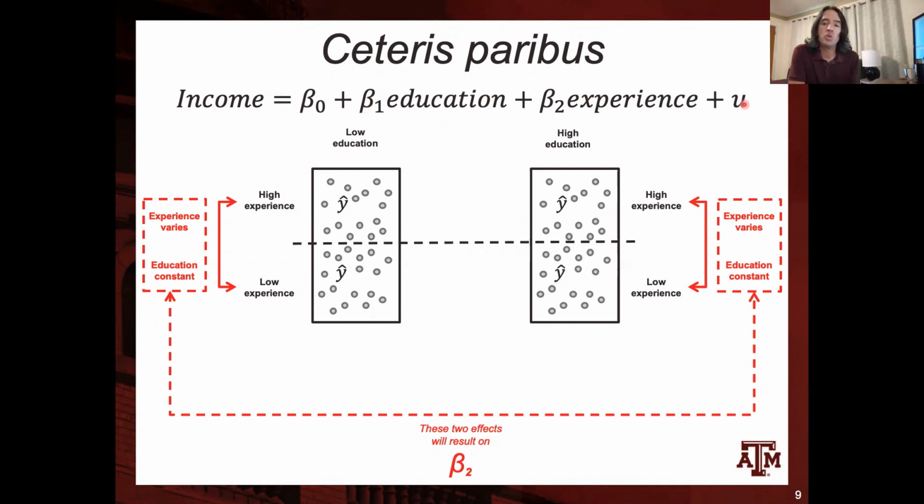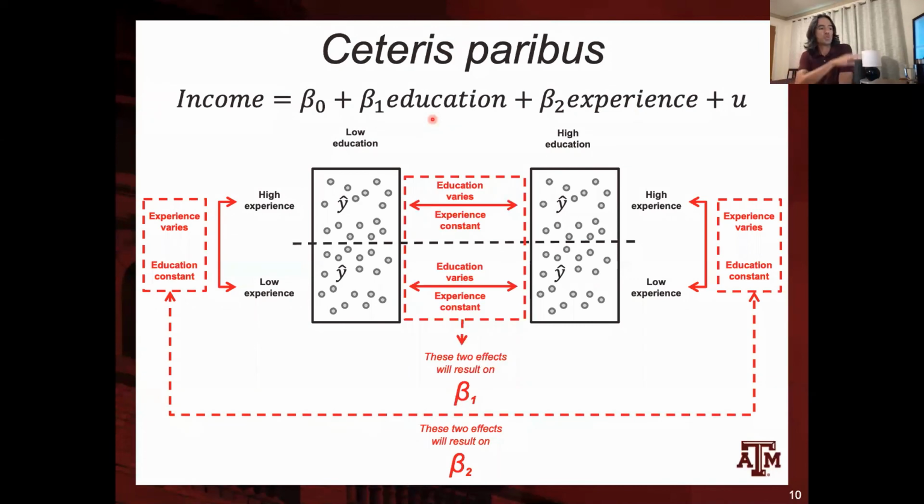And the U term here can also be symbolized by E. The error term is variation in income that's not explained by any of my independent variables, okay? So that's how the logic of the estimation is done. We estimate beta 1 and beta 2, in each one of them controlling for the other independent variable.